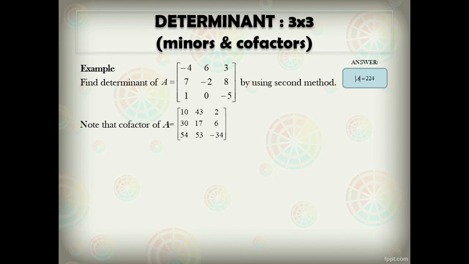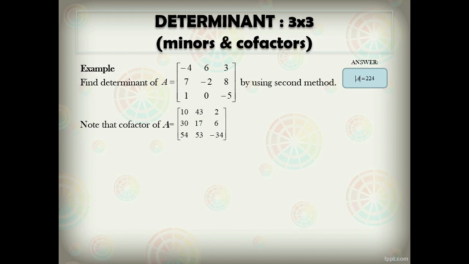Regardless of the method, whether the first or the second, and regardless of expanding the column or the rows, we should expect to get the same answer, which is that the determinant for matrix A is 224.